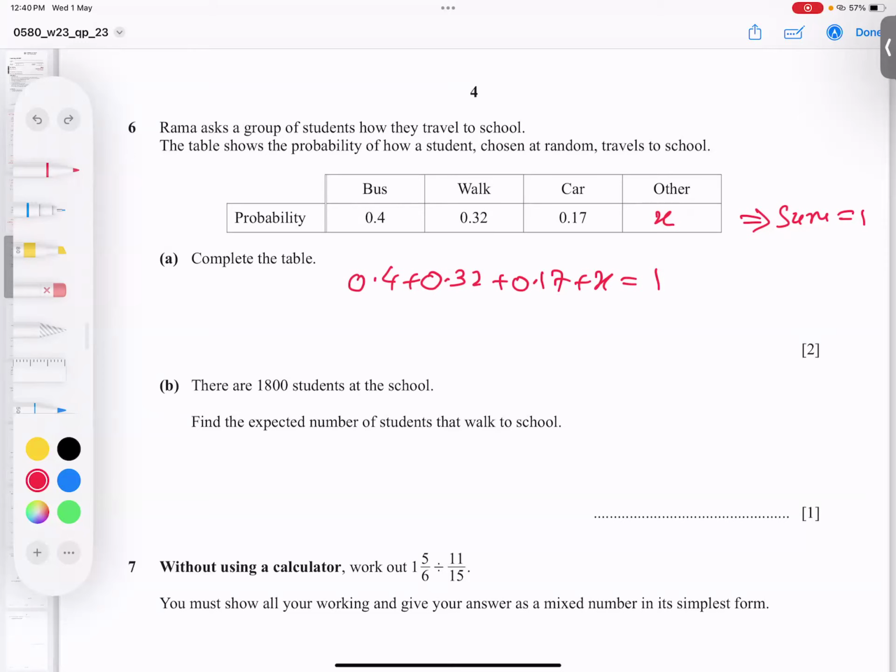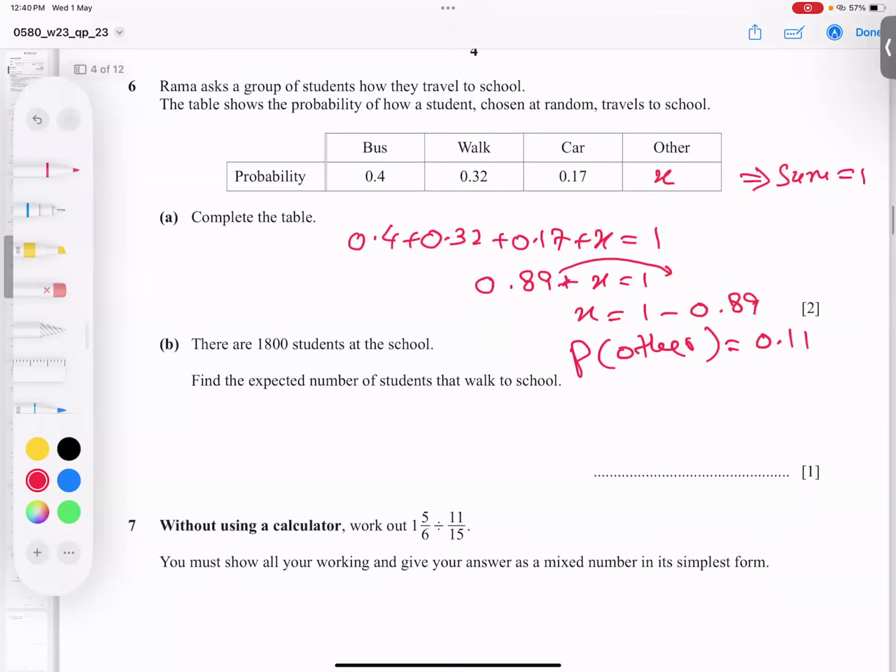So 0.4 plus 0.3 plus 0.17 gives us 0.89. It will go to the other side and be subtracted from 1. And finally, I get the probability of other, which means 0.11. And I believe you got the point.